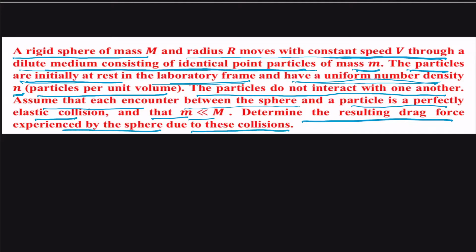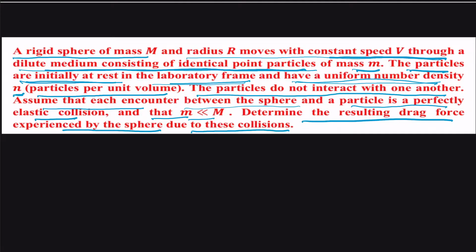So this is the basic question. Every time there is a collision between the sphere and a particle, momentum will be transferred from the sphere to the particle, and that will result in the drag. So we need to find two important parts here.